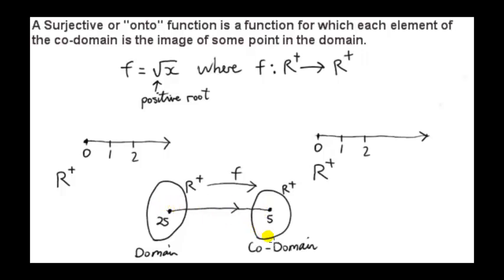So for example, let's take the element 31.5. Well, there's an arrow pointing to it, and this point here is just 31.5 squared, because if we take the square root of 31.5 squared, we get 31.5. So all the elements in the codomain are used up, so we have a surjective or onto function.